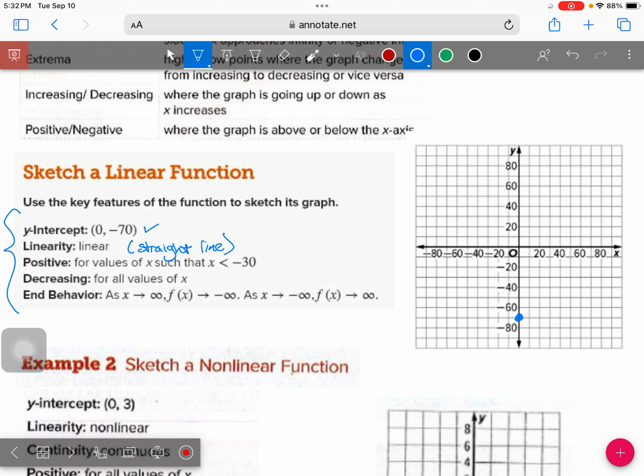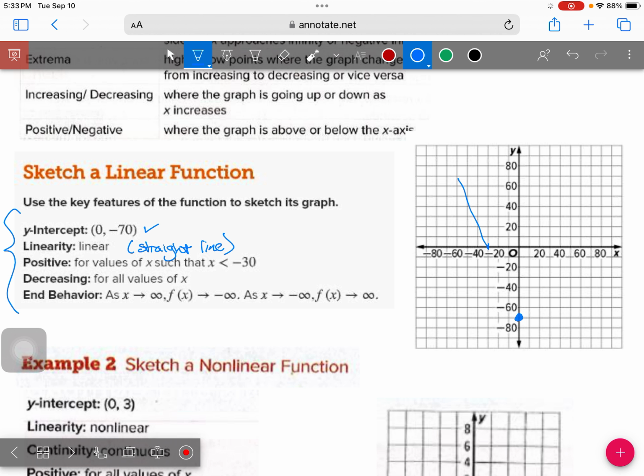So when x is less than -30. All right, so when x is here, when it's less than -30, it's going to be positive.